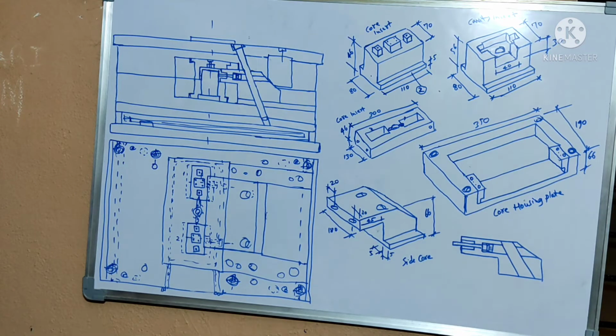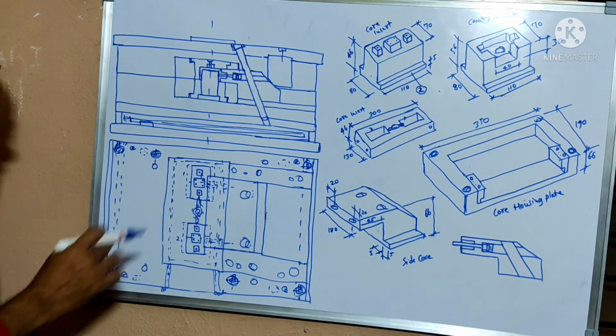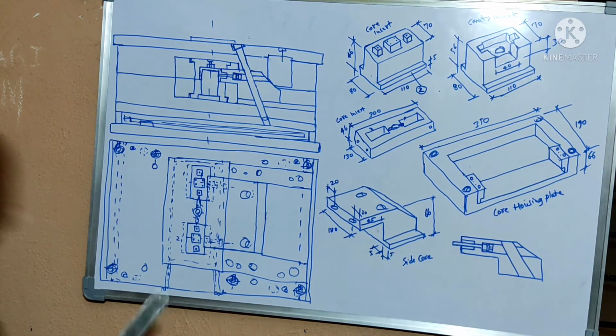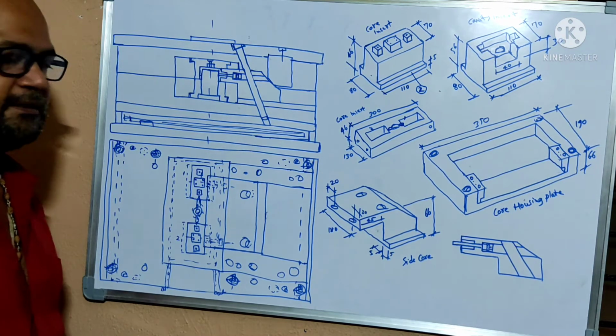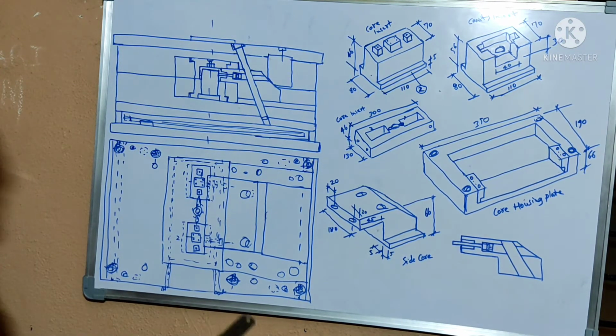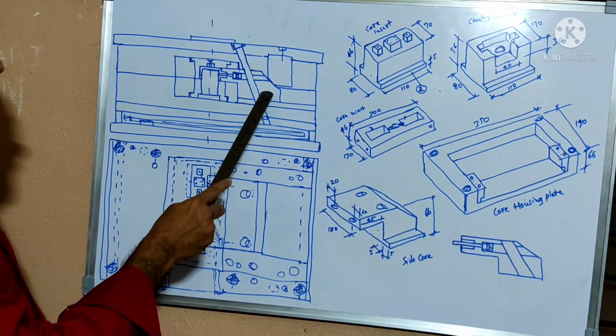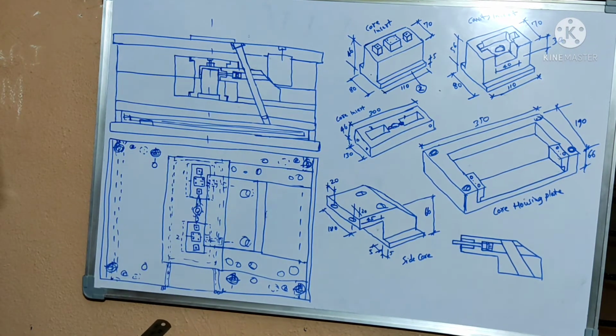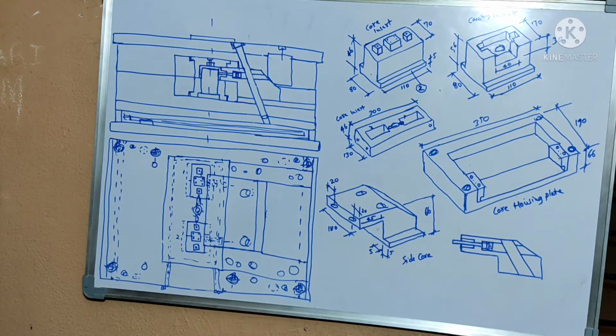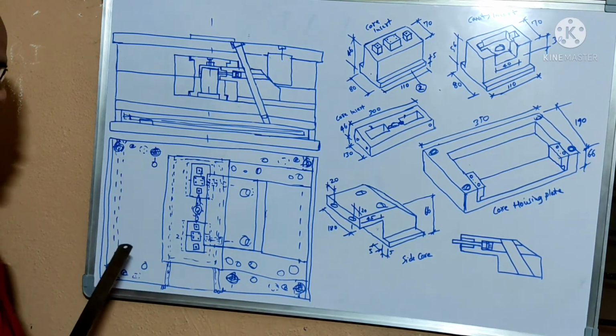And similarly, this is how the component has been placed in the side view format. Where the side core is there, in this view only I had drawn it like this in this tool.